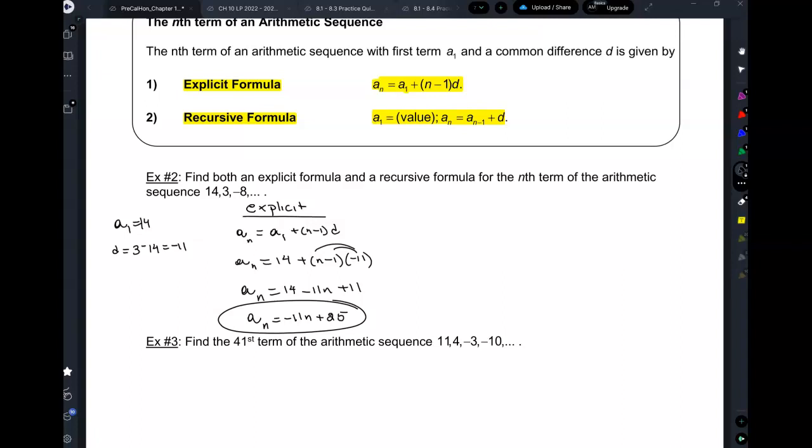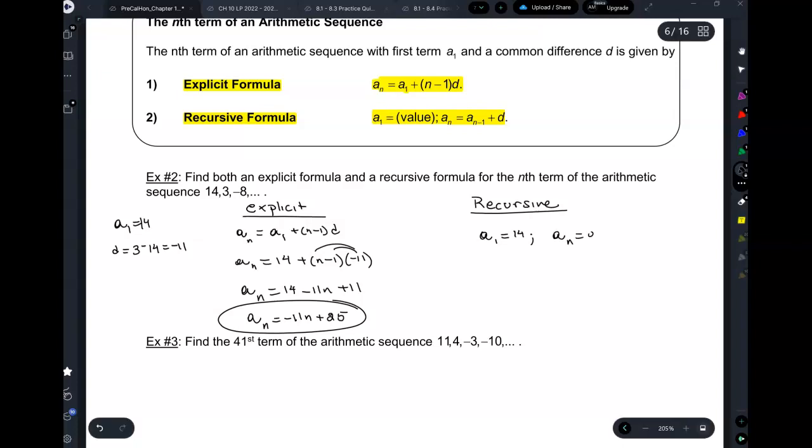Okay? All right. So now let's do a recursive formula. For the recursive formula, you just say A1 equals 14, semicolon, AN equals AN minus 1 plus or minus 11.